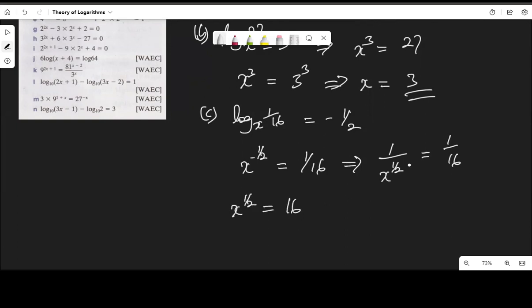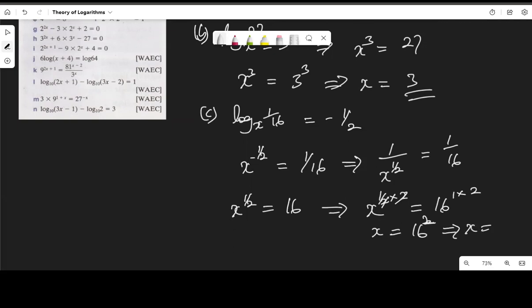I cross multiply: 1 times x to the power of half is still x to the power of half, and 1 times 16 is still 16. To remove this half, I'll multiply both powers by 2. So x is equal to 16 to the power of 2, that's 16 times 16, which is 256. So x is 256.